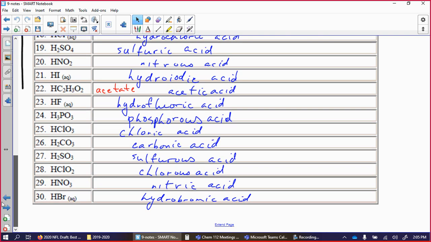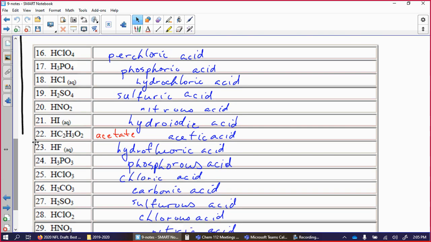So those are our acids and the names. Perchloric acid is a special one. Later on we'll talk about electrolytes and strong and weak acids. There are 1, 2, 3, 4, 5, 6 common strong acids.